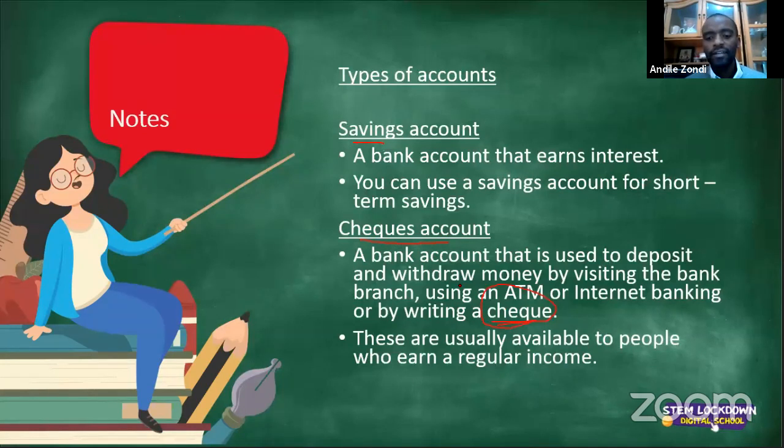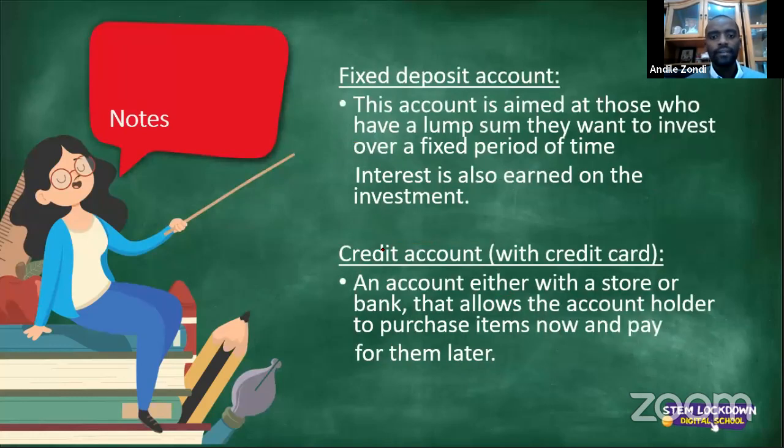You cannot have a savings account and have a checkbook. You only use a checkbook for check accounts. Check accounts also have things like overdraft and the like. These are usually available to people who earn a regular income.